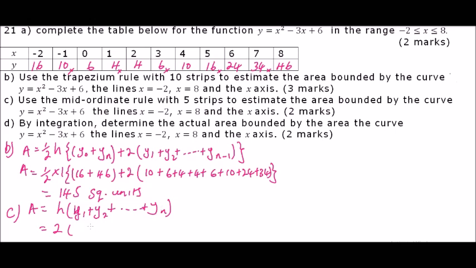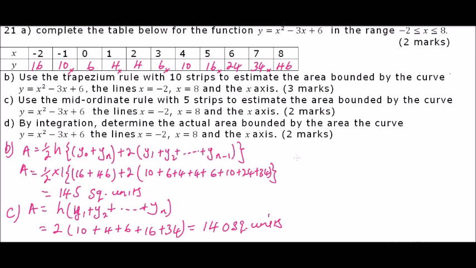So we just put our mid-ordinates: 10 plus 4 plus 6 plus 16 plus 34. You close the bracket, and when you compute that, you will get 140 square units. So that is the area using the mid-ordinate rule.